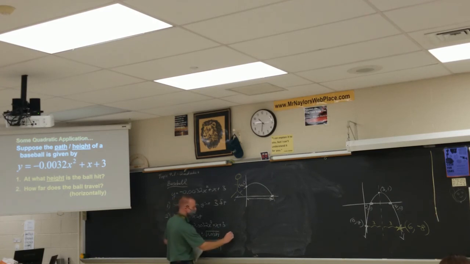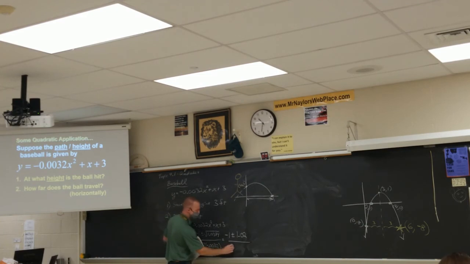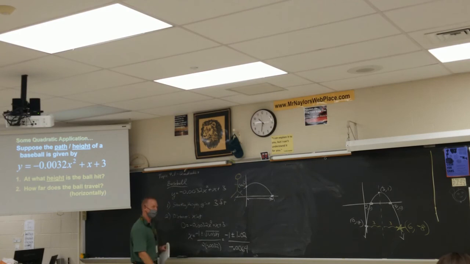Now, you do the square root of that with a calculator, you get 1.02. You double the bottom, might not need a calculator for that, you get negative 0.0064.